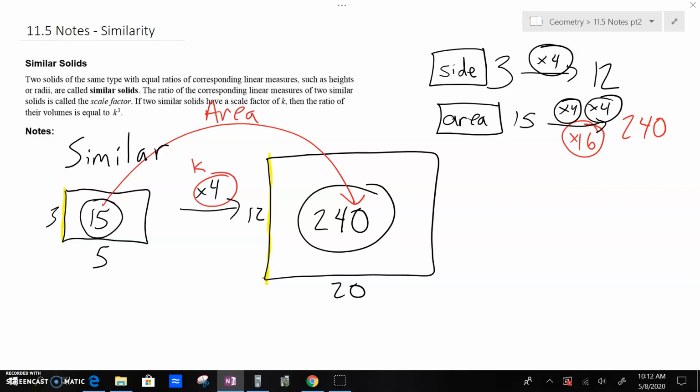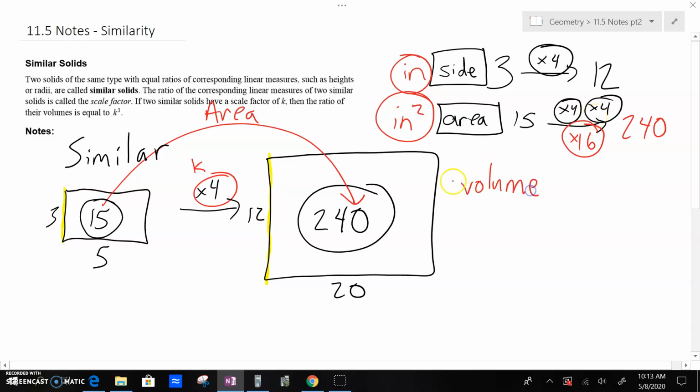When we talk about sides, we talk about things like inches. When we talk about area, that becomes inches squared, the idea being you're hitting 2 different pieces, that's squared. 4 times 4 is 4 squared, that's 16. Now when we jump to volume, with 3 dimensions, all of a sudden we're not talking inches or inches squared, we're talking inches cubed.